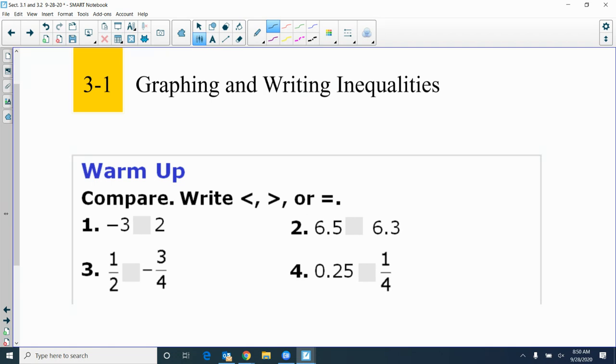Oh, no, I didn't. What is it? Less than. Why are we? How long have we been doing this? Good job. 6.5 is bigger than 6.3. Wait, how did I miss?